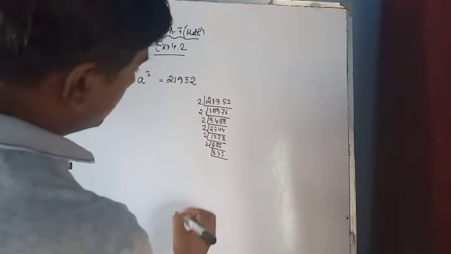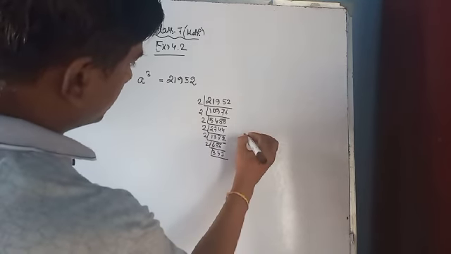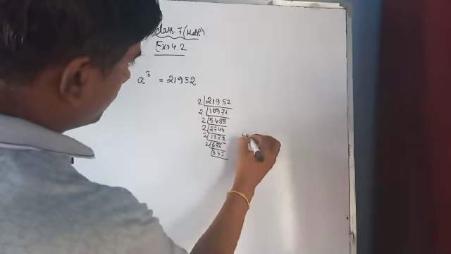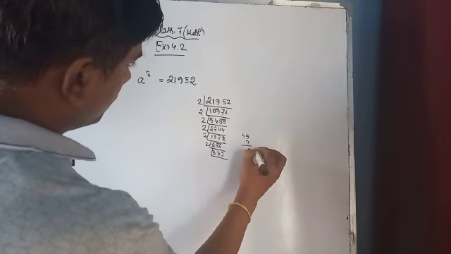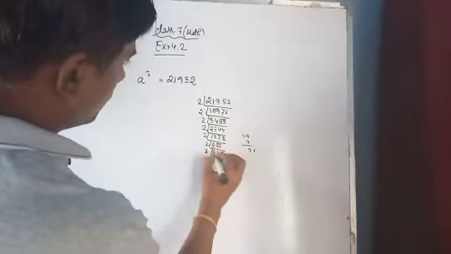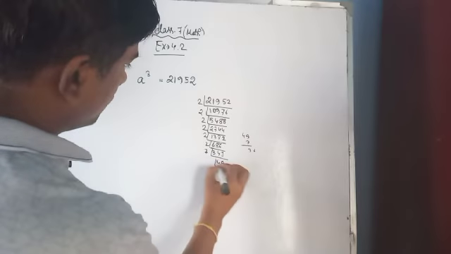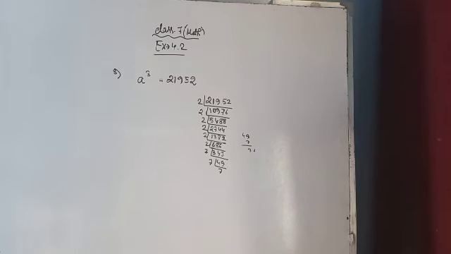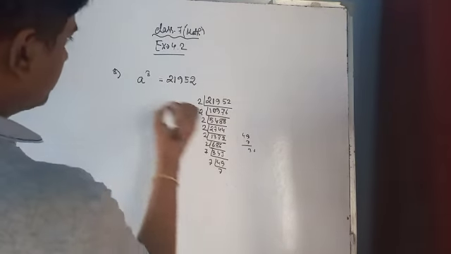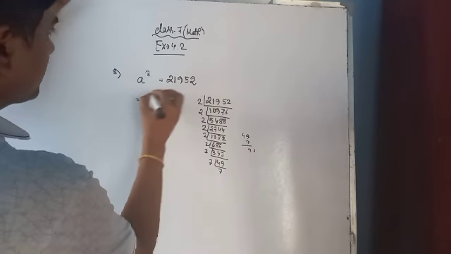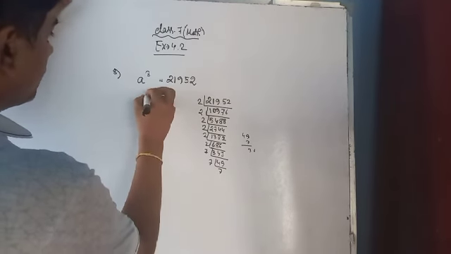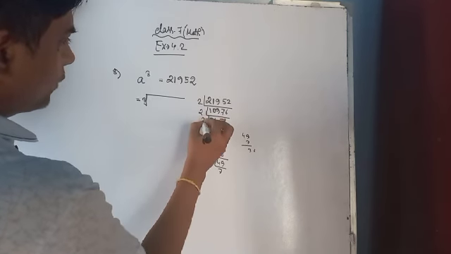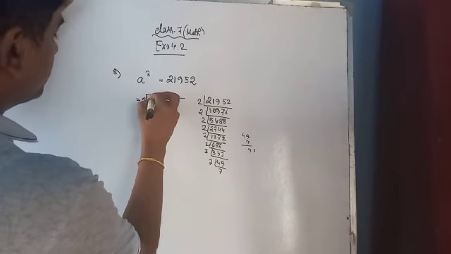343, 7s, I think. Okay. So, whatever I can get in this part, if I write on this side, 1, 2, 3, 4, 5, 6.